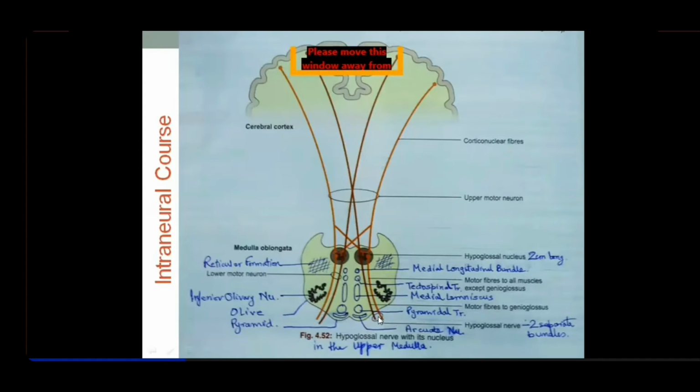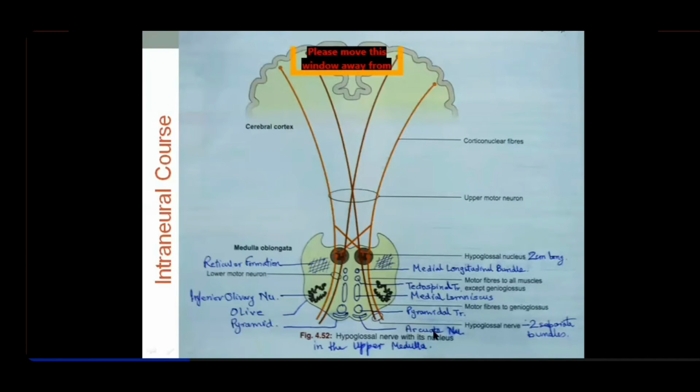Finally, when this nerve emerges out from the anterolateral sulcus, it will be in two bundles. Remember yesterday I told you it was emerging out with the help of around 10 to 15 rootlets, right? Out of those 10 to 15 rootlets, they first join to form two bundles.